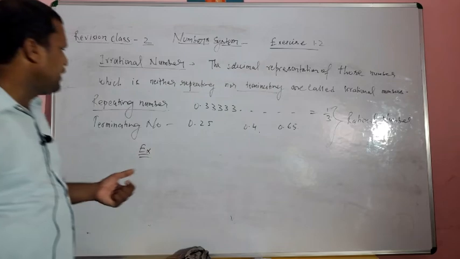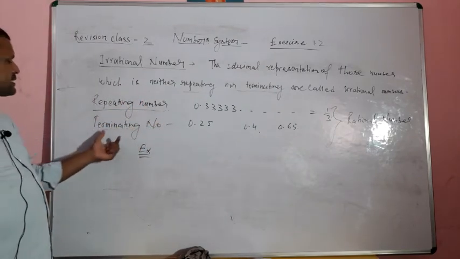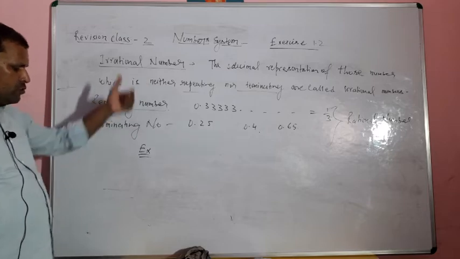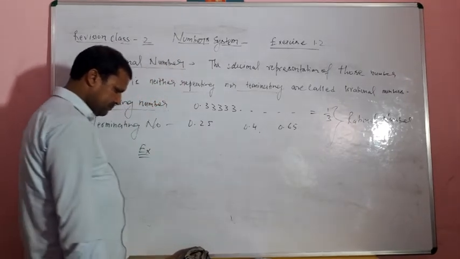Those numbers which are neither repeating nor terminating are called irrational numbers. So what is an example?